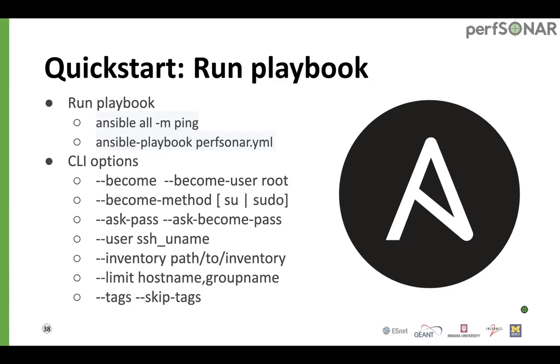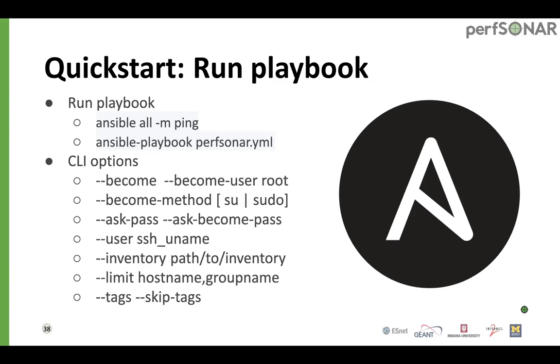So we talked about default and extra inventories. You can tell Ansible which inventory you expressly want to use with the inventory flag. You can limit your run. So let's say you only wanted to provision archivers, or only wanted to provision test points, or even just a single machine. You can put a limit there as a machine or a group name, and it'll only run provisioning against that.